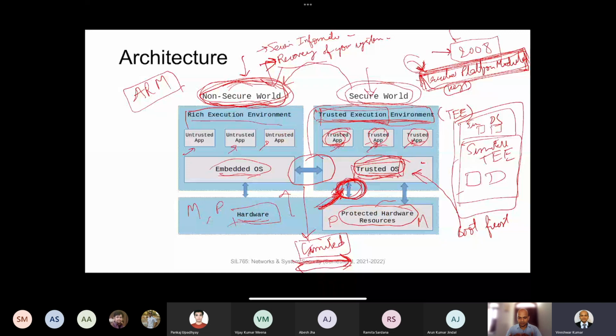Your original operating system, which is connected with the user, where the user is actually installing and doing stuff, will boot only if the hashes match. So the stored hash and the hash of the current version of that OS, if they match, and only then, the embedded OS in this case will boot. So that is also something that could be done.